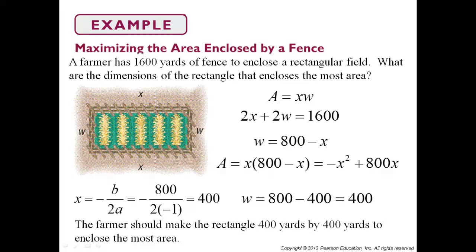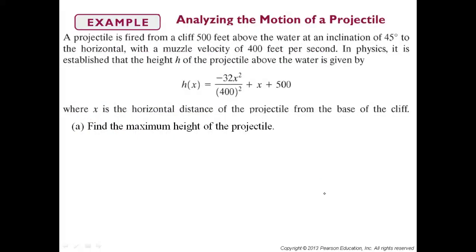So those are the dimensions of the field that maximizes the area. Say a 400 by 400 field, using the vertex of a quadratic. All right. It would make it a square. That's absolutely correct. Yeah. All right.